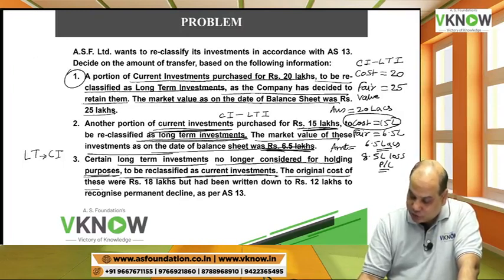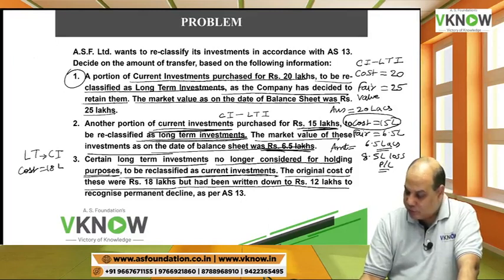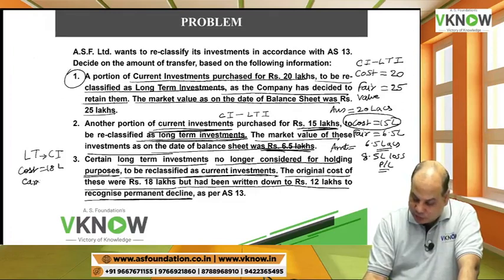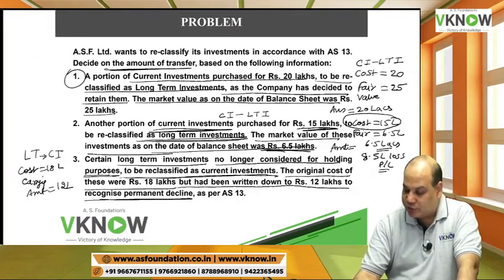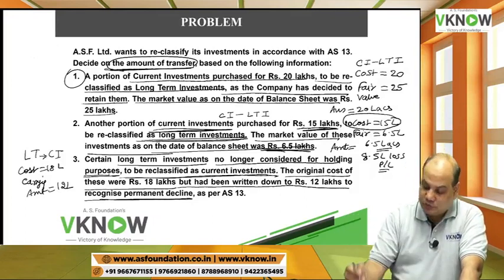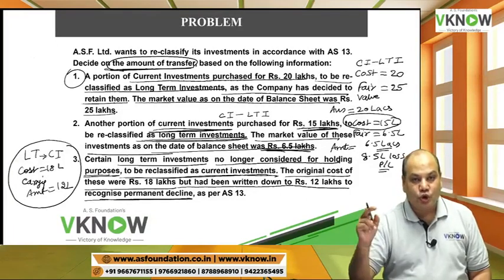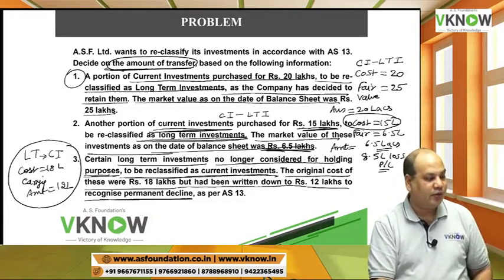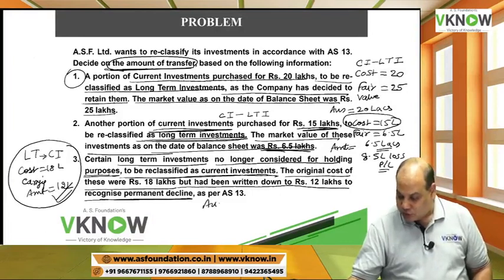The original cost was 18 lakh, but it has been written down to 12 lakh to recognize permanent decline. Its carrying amount is 12 lakh. At what amount will this third investment be transferred from long term to current investment? The answer is lower of the two, 12 lakh.